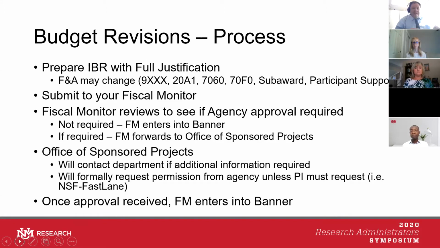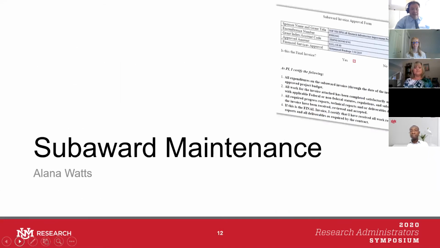Anyway, the Office of Sponsored Projects forwards the request on to the sponsoring agency, and they would be responsible for getting the appropriate signature from that sponsoring agency, someone who's authorized to do the budget revision approval. Once they get that back, it's forwarded on to the fiscal monitor, who then enters it into the system. Okay, so that is the budget revision process.